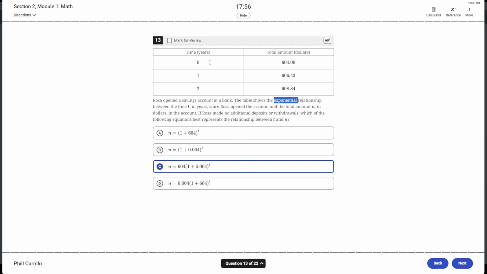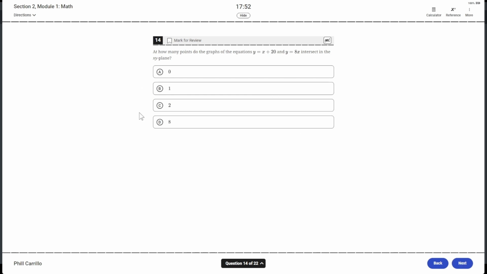Yeah, 604 initial value. The other three is funny. At how many points do the graphs of the equations intersect? Can I do this mentally? The y-intercept is 20, way up there. And the y-intercept is 0. So they have different slopes, right?